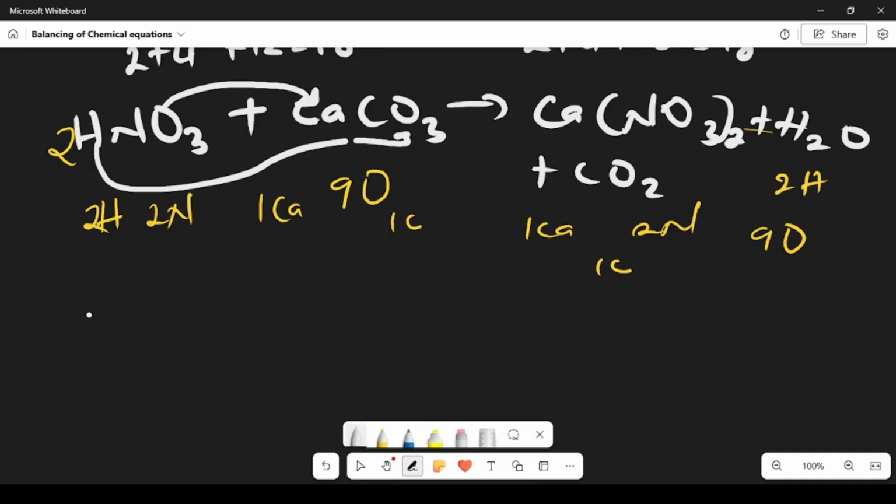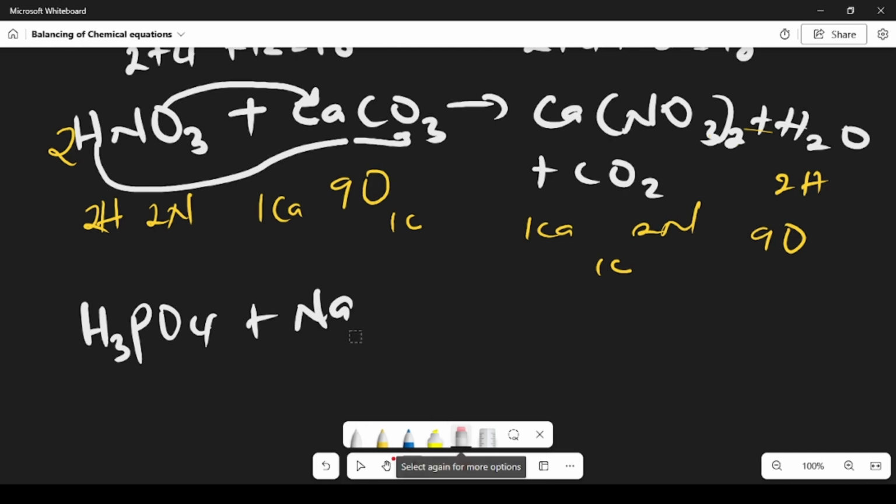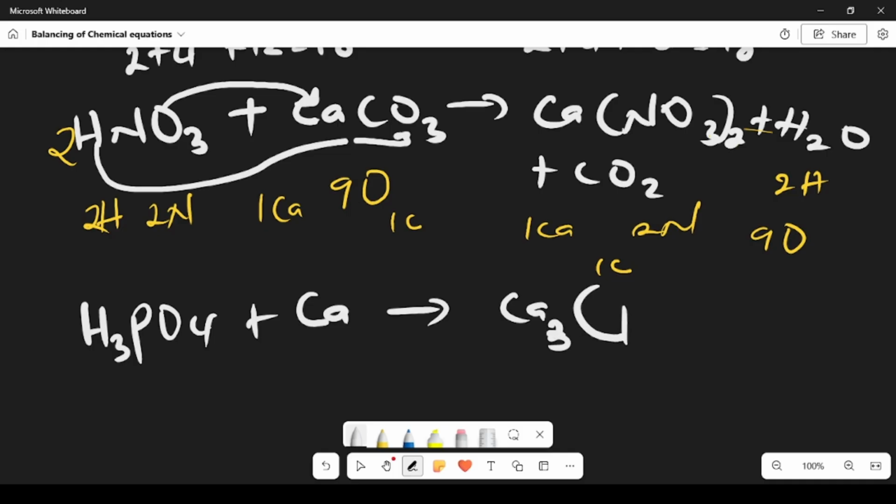So if you're given H3PO4 reacting with, let me use another element that will be a bit difficult, that is Ca, to form Ca3(PO4)2 plus hydrogen gas.